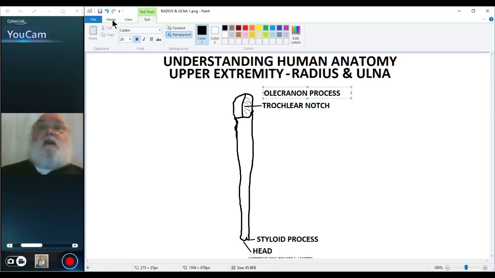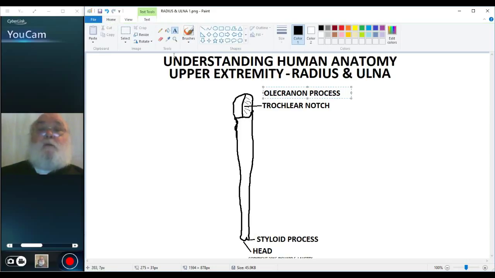Now, when you look at the elbow, or when you palpate your elbow, you feel the bony tip of the elbow. Very prominent when you have your elbow flexed. That bony tip of the elbow is the olecranon process.